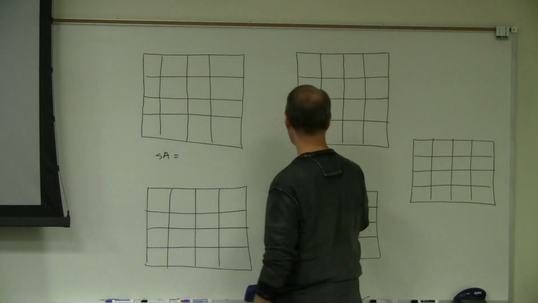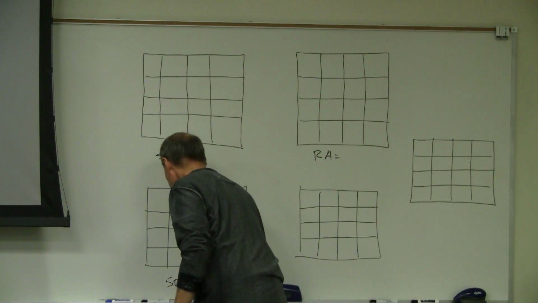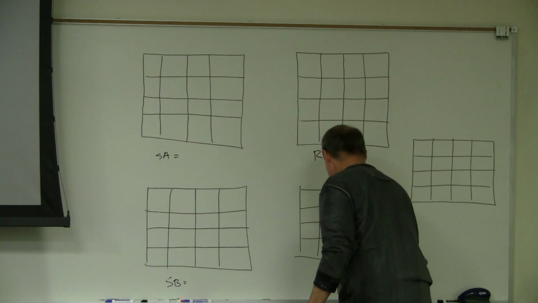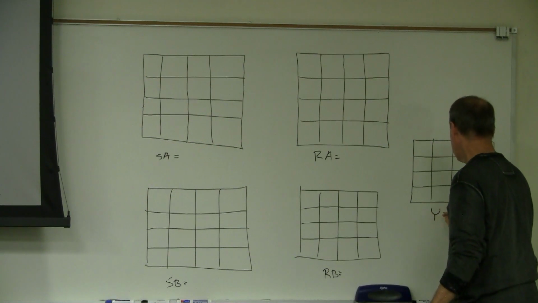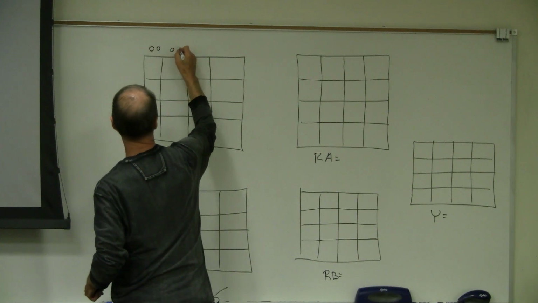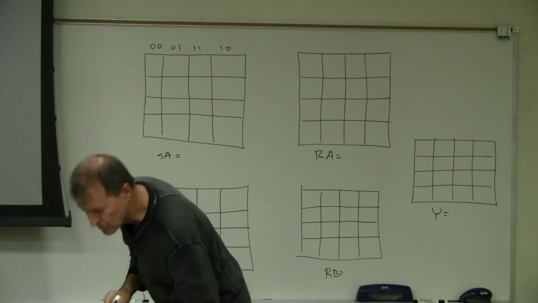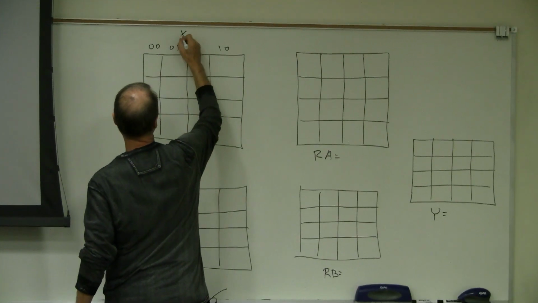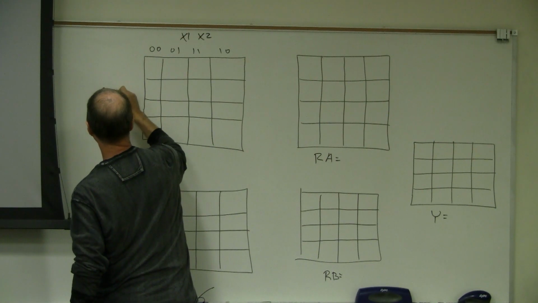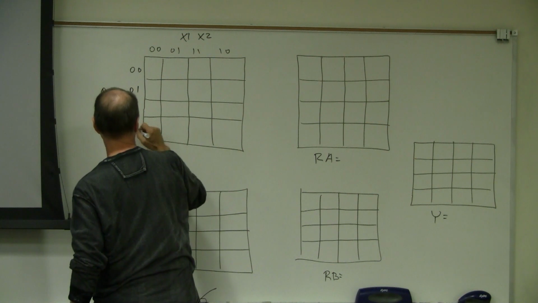This will be SA, this will be RA, this will be SB, this will be RB, and this will be Y. And these are 0, 0, 0, 1, 1, 1, 1, 0. And on top will be our x1, x2, and this will be A and B. 0, 0, 0, 1, 1, 1, 1, 0.